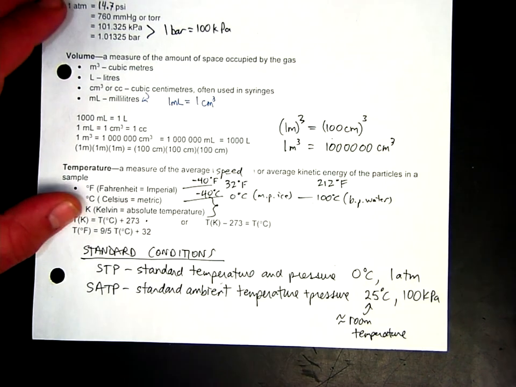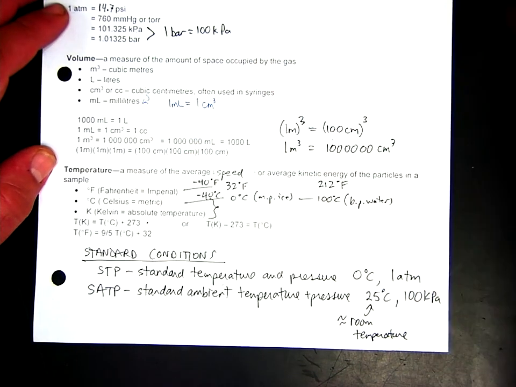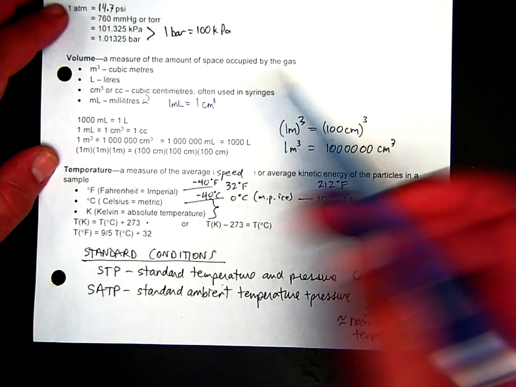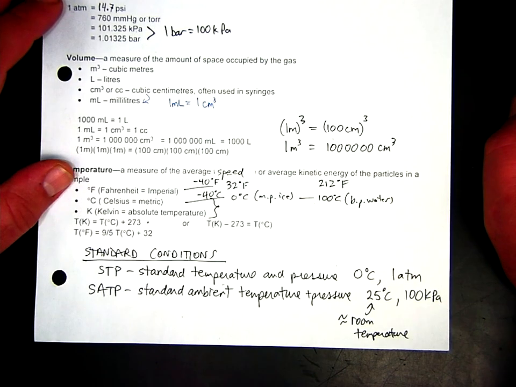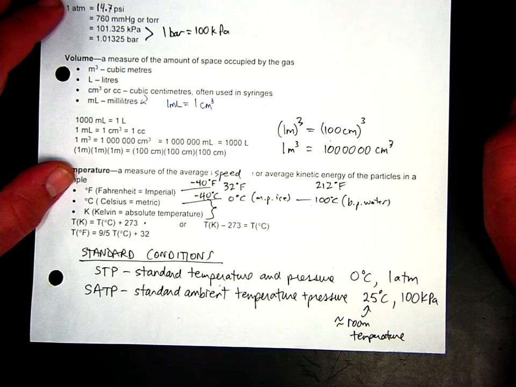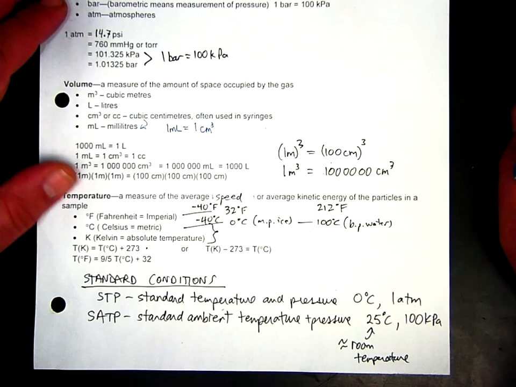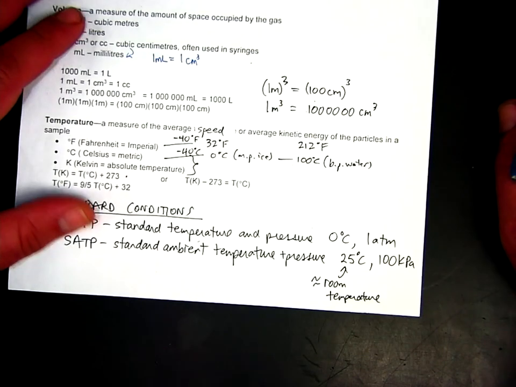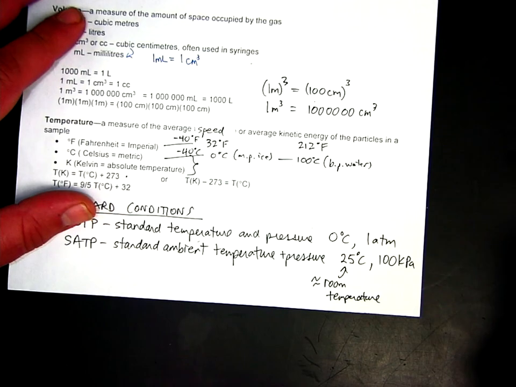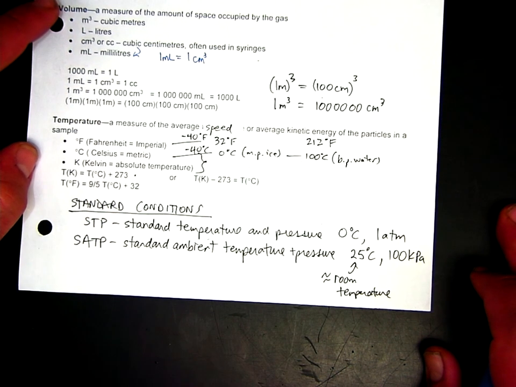So it makes sense that we might want to link these different units together. If the temperature goes up, all of a sudden the particles are moving more rapidly and probably with more energy. They're probably going to exert a higher pressure if they're a gas in a container. And we've probably had experiences like that where things get too hot and they could explode.